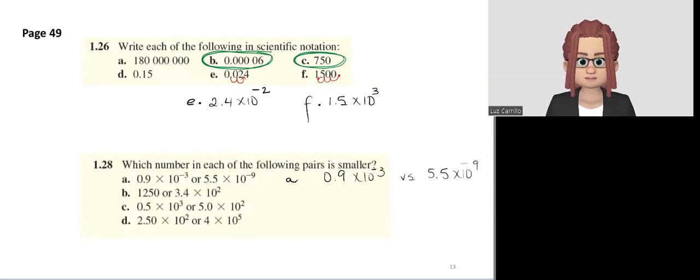regular notation. So since my exponent is to the negative 3, let's understand that what I'm going to do is take that 0.9, and then since it's times 10 to the negative 3, I'm going to move that decimal place 1 time, 2 times, 3 times.